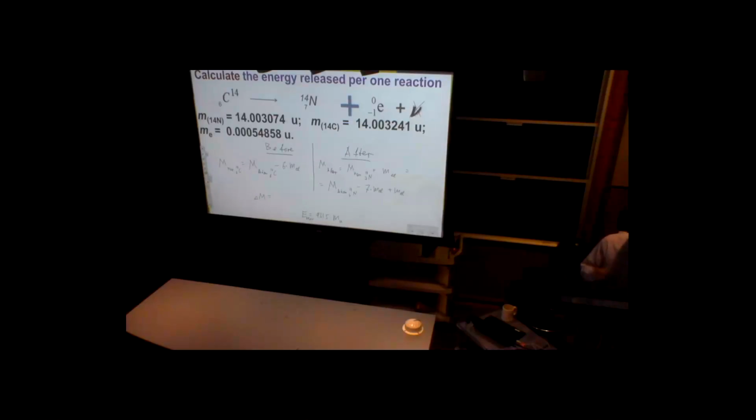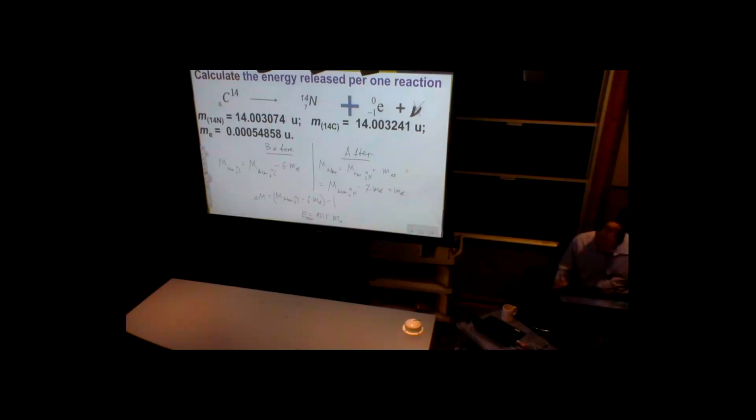In general, we can calculate the magnitude of this. So atomic mass of this minus 6 electron masses minus, well, this is what we could have called the mass on the left hand side of the reaction equation.